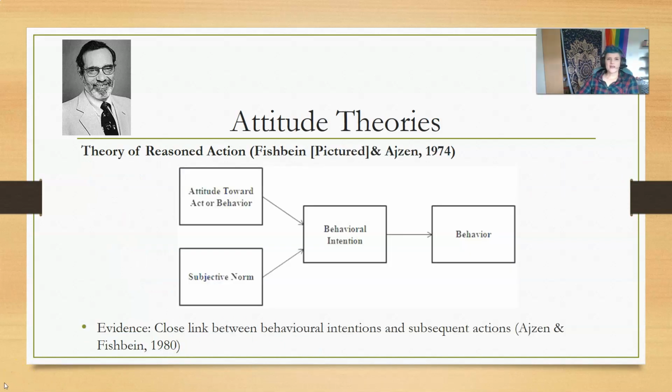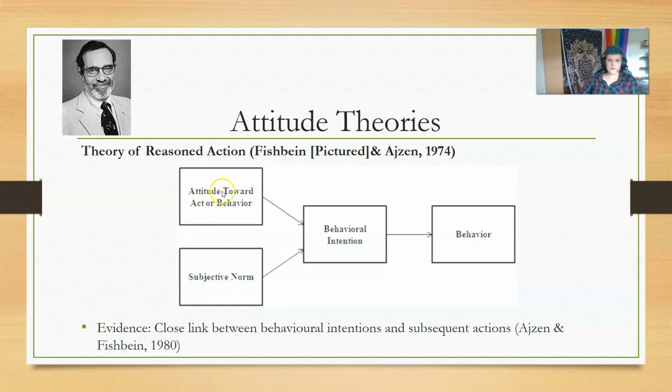So basically, according to the theory of reasoned action, the movement from an attitude to behaviour looks like this. You have an attitude towards an action or behaviour, and then you have the subjective norm, so other people's views towards an action or behaviour.